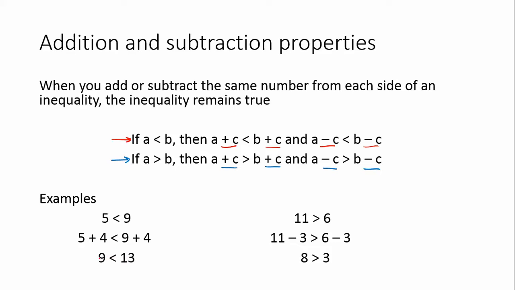This is still true. So we've added 4 to both sides, the inequality remained true. On the right-hand side, we have 11 is greater than 6. I chose to subtract 3 from both sides, and you're left with the statement 8 is greater than 3, which is also still true. So just like with equations, when you add or subtract the same number to both sides, the inequality will remain true.